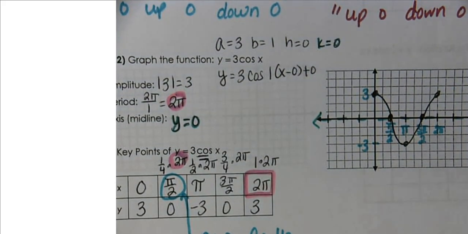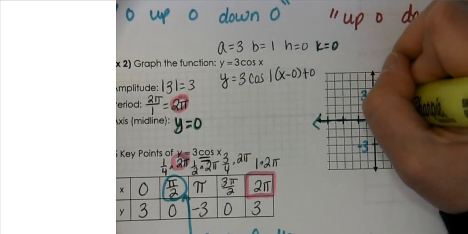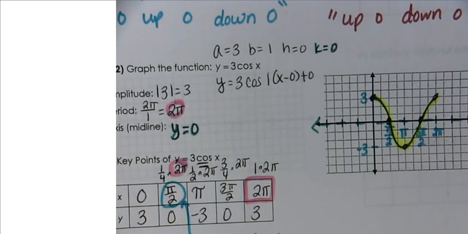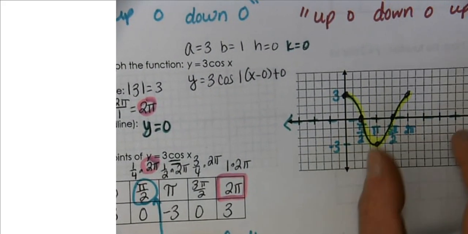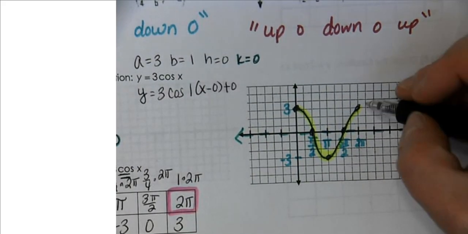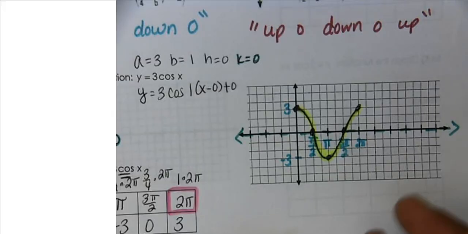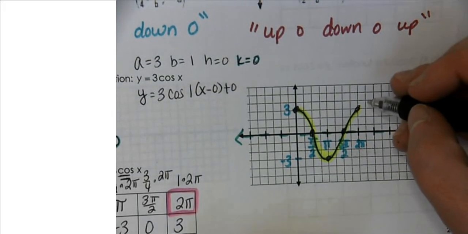We always highlight that first cycle of cosine. When I highlight that first cycle, that tells me where I'm starting my graph, and then we must continue from end to end, because technically you can keep going around a circle left or right as many times as you would like.